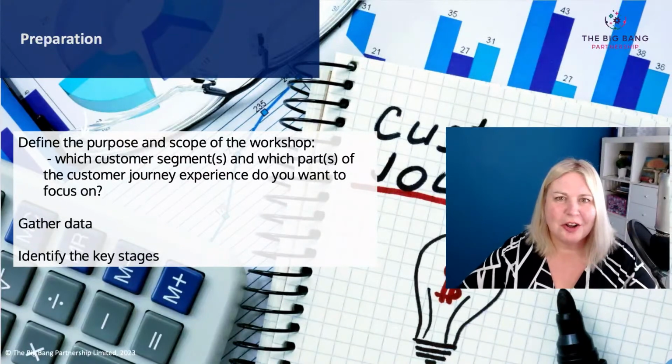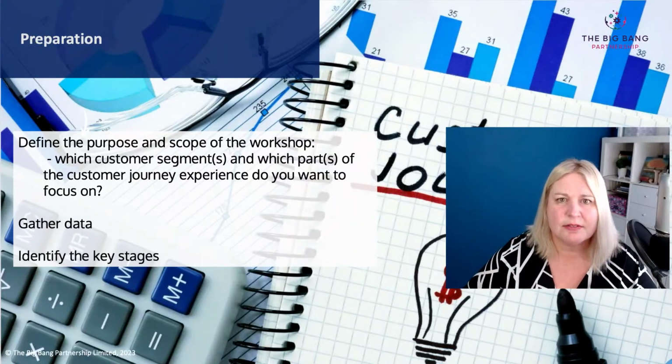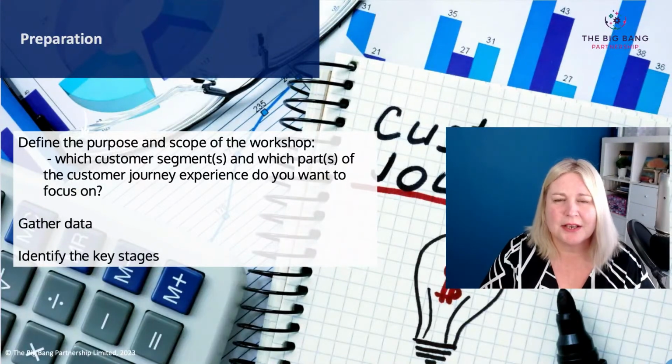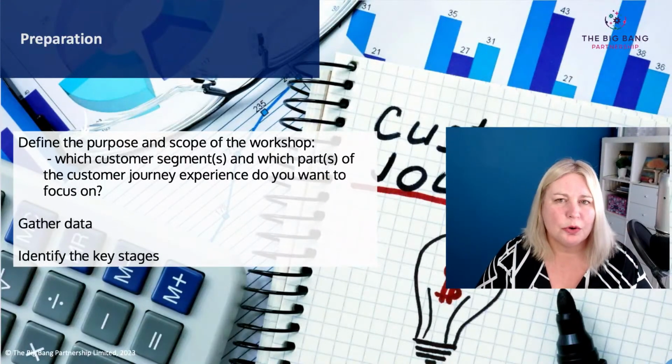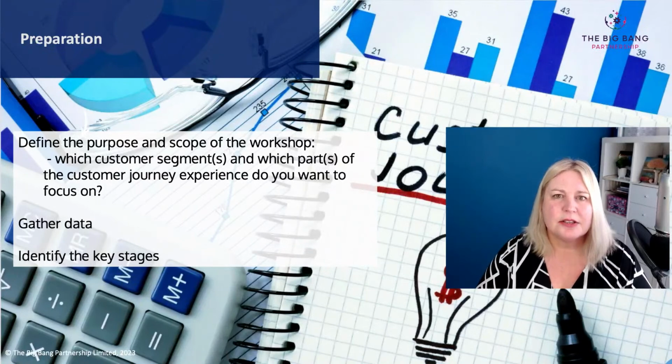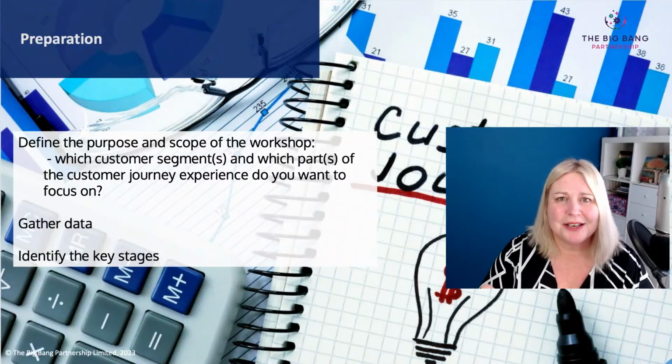So, you can't do the whole business, particularly if you've got different types of customer, different products, different services, and so on. You can't do the whole thing. That would be overwhelming. So you need to pick somewhere to start. Maybe pick one or a small number of types of customer groups, segments, and maybe just start with a certain bit of the journey.